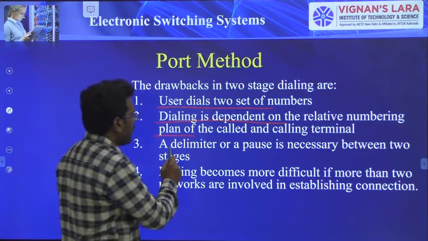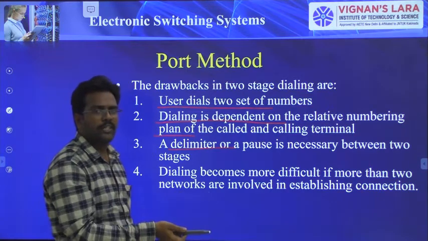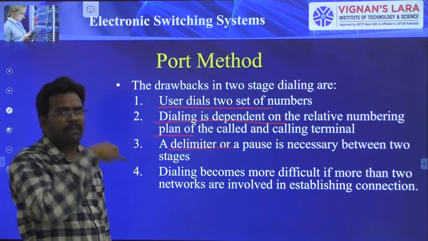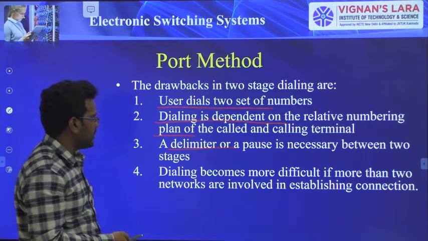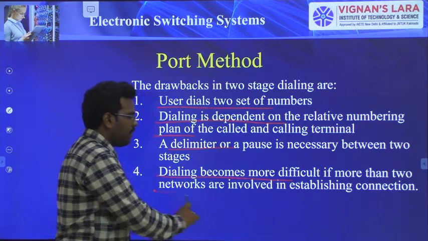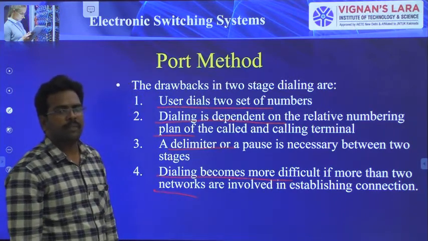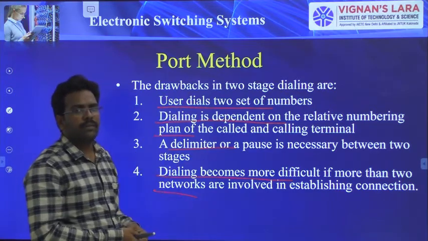A delimiter or a pause is necessary between the two stages, because stage by stage the number has to change. Dialing becomes more difficult if more than two networks are involved in establishing the connection. If three stages are there, you have to dial three sets of numbers.